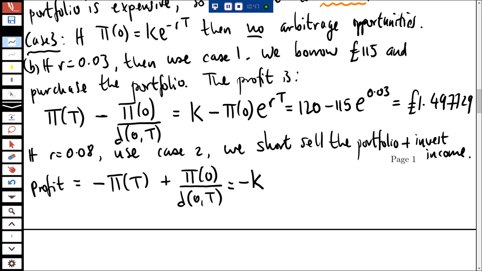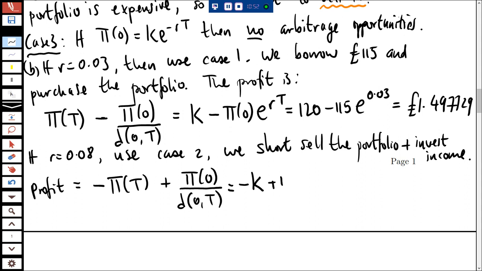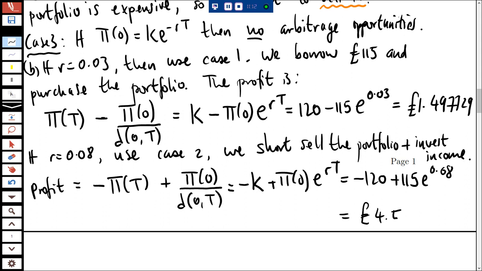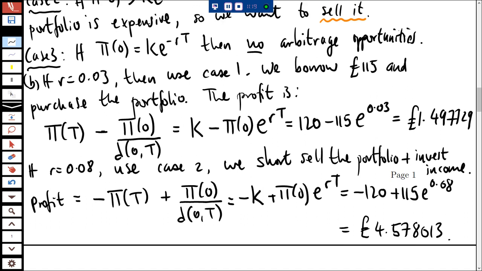Let's calculate these numbers. So we need to pay minus K to cover the short. We receive some income. Let's put all these numbers in. So we get minus 120 plus the investment income, which by my calculation is £4.578013. And there you go, that completes question 1 on tutorial 6.